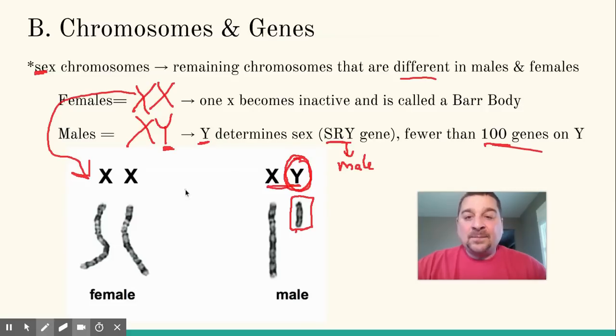Everyone starts out female, but as this SRY gene kicks on during development, it will start to change that embryo and give it characteristics we determine as male. That happens early on in development.